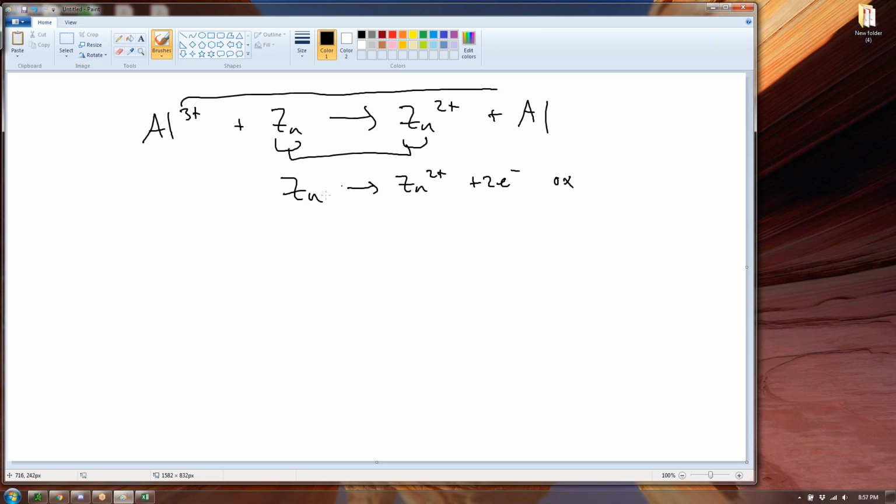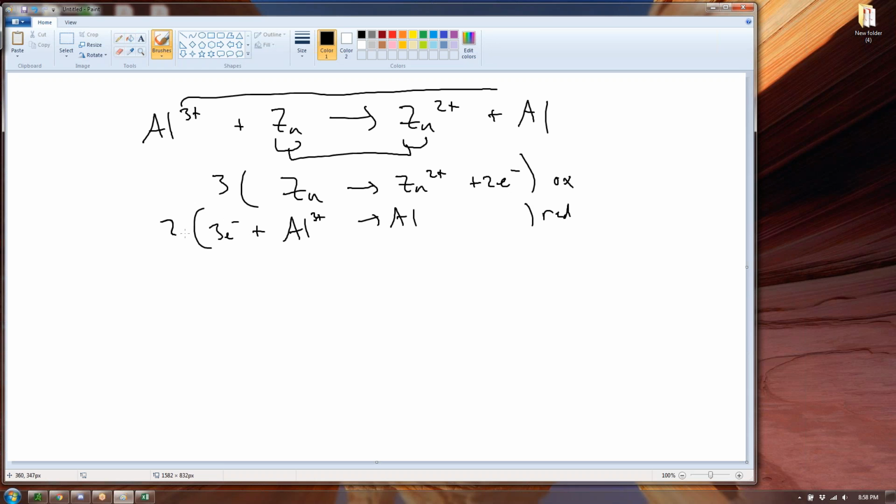For the aluminum, you just have the Al3+ going to aluminum. The way to balance this is 3 electrons here. So here's your reduction side. You have to balance the amount of electrons.